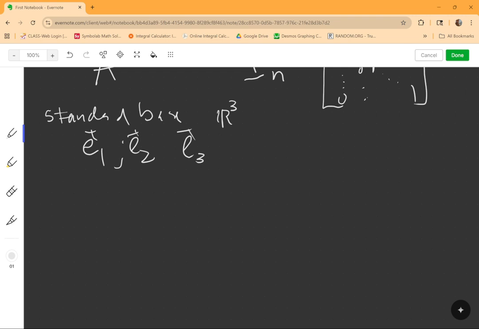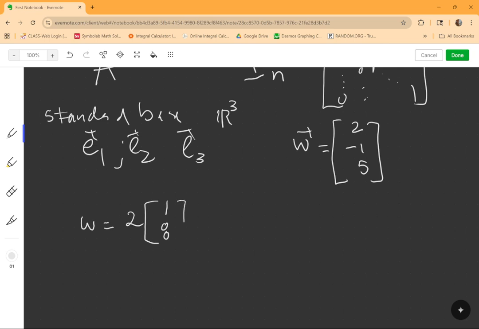Now if I wanted to write the vector, let's say w, which I'll call (2, -1, 5), in terms of the standard basis, since e1 is just the vector (1, 0, 0), the coefficients of the linear combination are just the elements of this vector here.